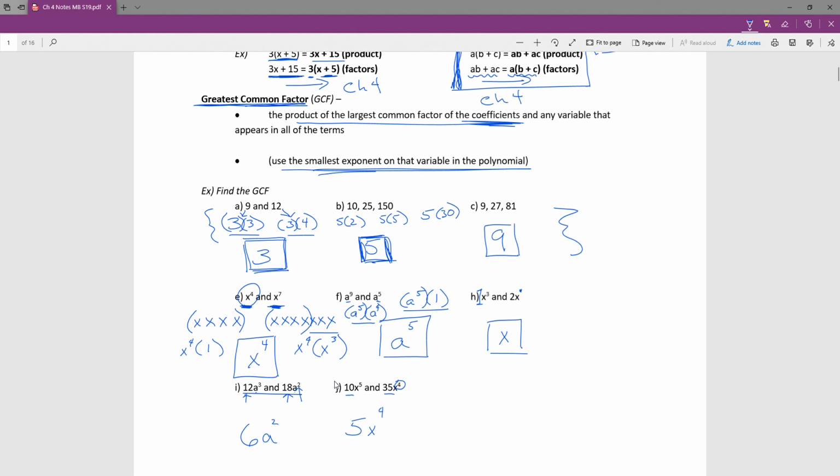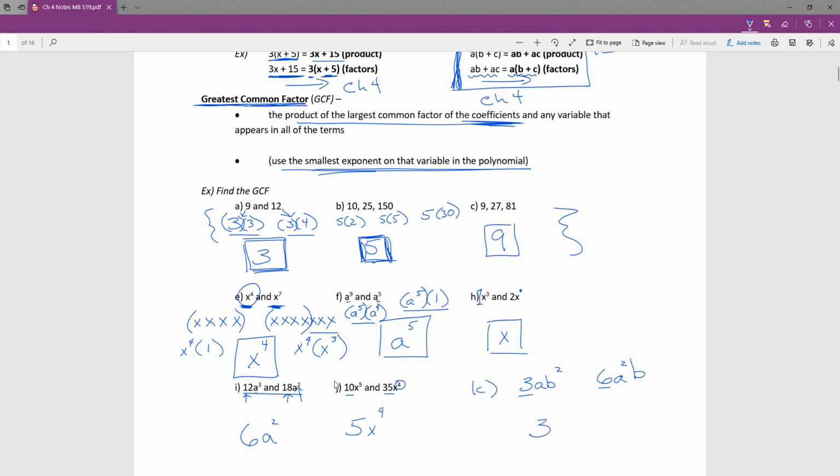Maybe one more example here, and just off the top of my head, what about 3ab squared and 6a squared b? So this time I threw in more than one variable just to make things a little bit harder. If I were to identify the greatest common factor between these two coefficients, numerically the biggest number that would divide into both of those numbers evenly would be a 3.